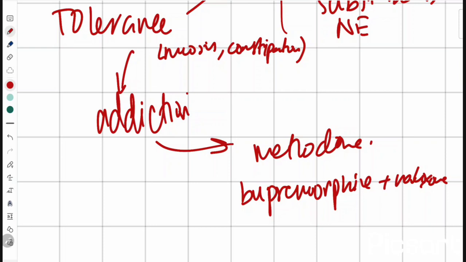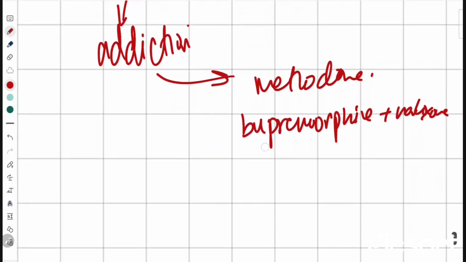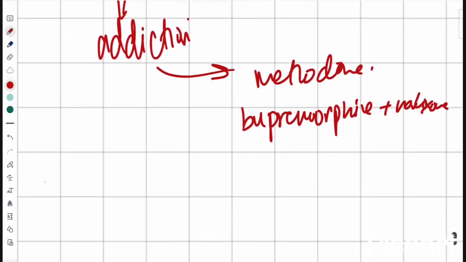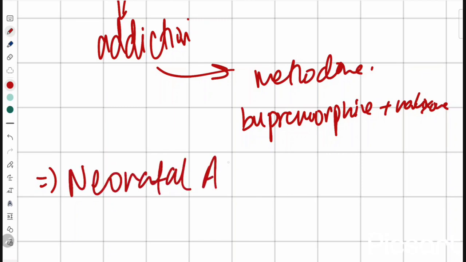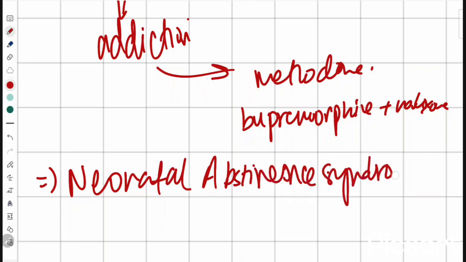Okay, then another important thing where it is used is fetal abstinence syndrome or neonatal abstinence syndrome, and it is called NAS.